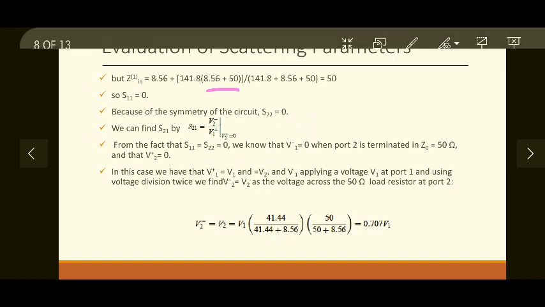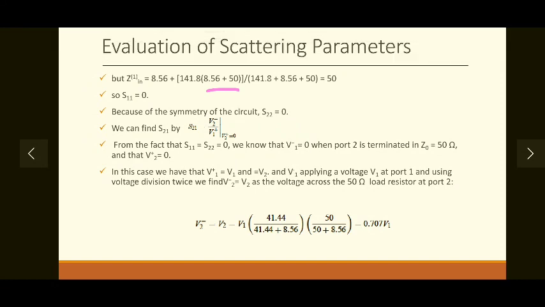S21's formula is given as S21 is equal to V2 minus upon V1 plus, because S21 is equal to B2 upon A1. What is B2? It is V2 minus. What is A1? That is V1 plus, when V2 plus is equal to 0. So from the fact that S11 and S22 are 0, we can know that V1 minus is 0.